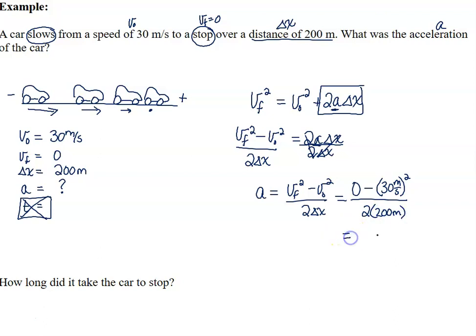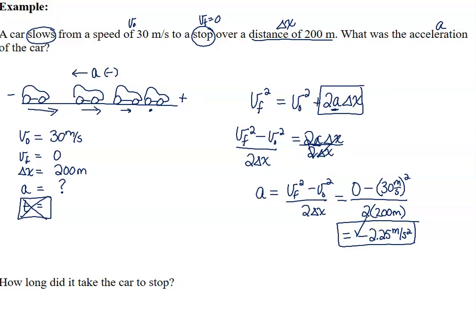And doing all of the math with that, you should get negative 2.25 meters per second squared. That is my answer. Now, when I say checking for reasonableness, we know that it is slowing to the stop. Since my velocity is in the positive direction, since it's slowing down, my acceleration should be in the negative direction, which means my answer should be negative. And it is.